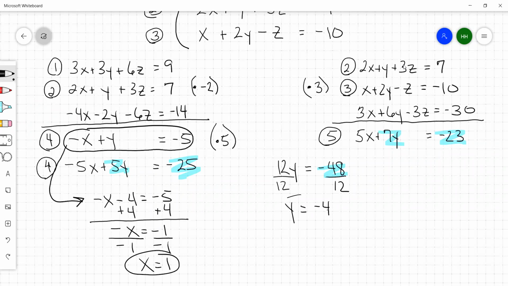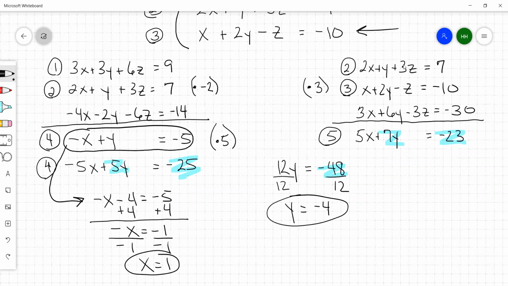So I've got an x and I've got a y. Since I can still see it on the screen, I'm going to substitute my x and my y into my original equation number 3, right here.